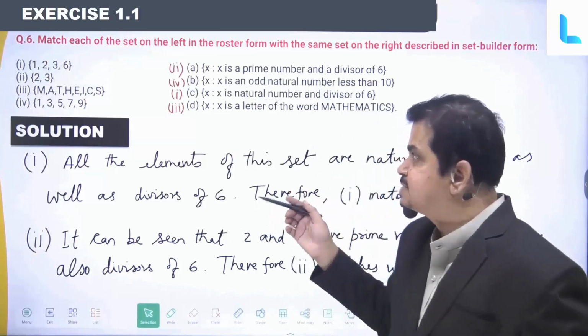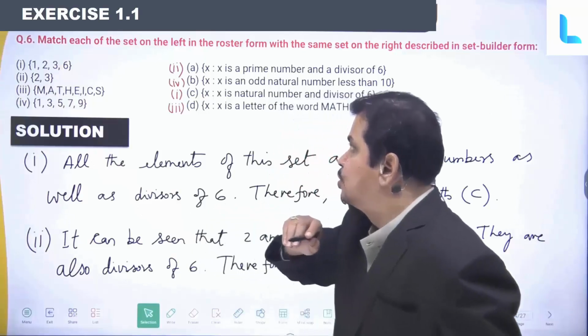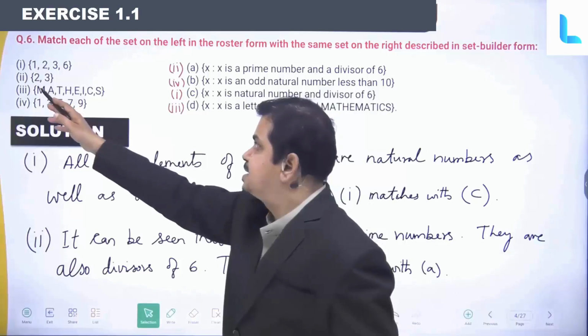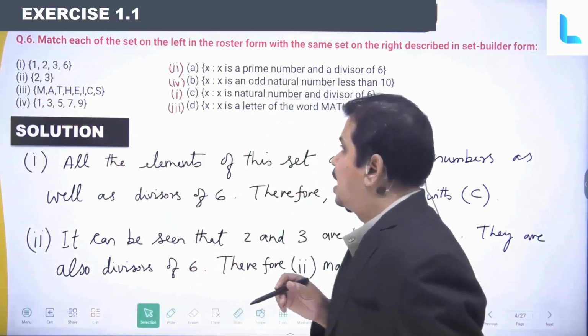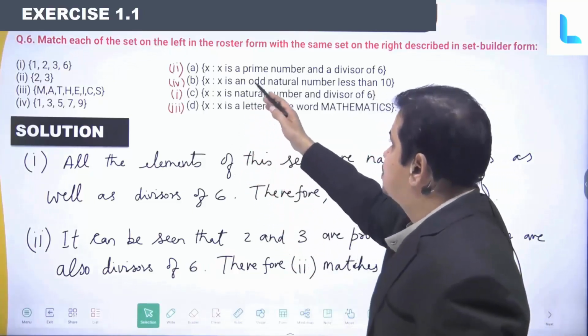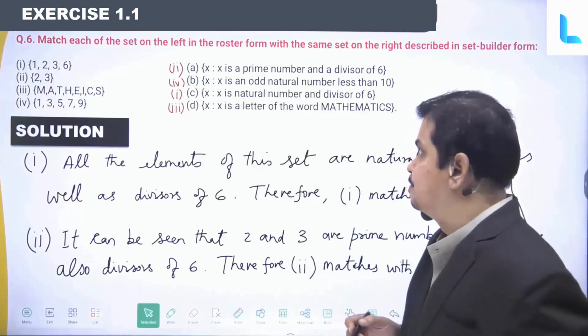So similarly, in the same way, considering the item number 2, on the left hand side of the column you can see a set containing elements 2, 3, and try to identify and match this set with the set which is described in the set builder form on the right hand side of the column.